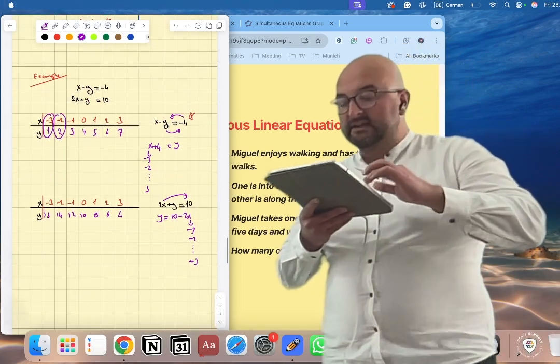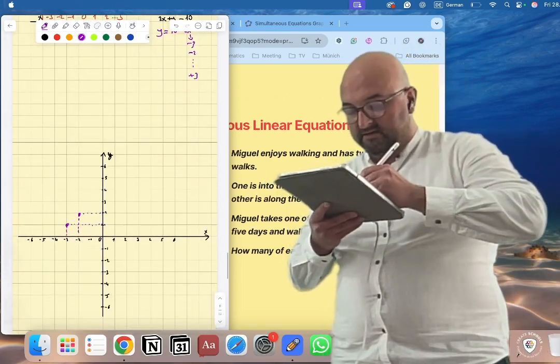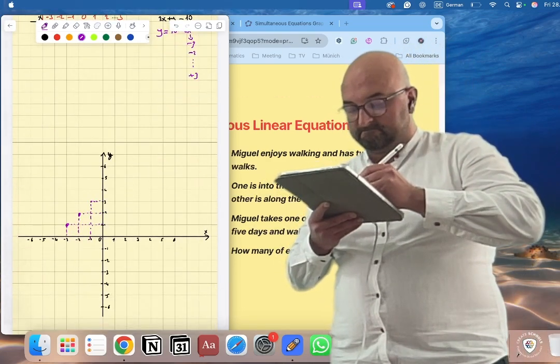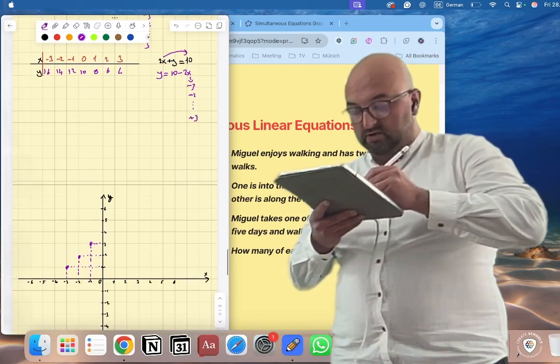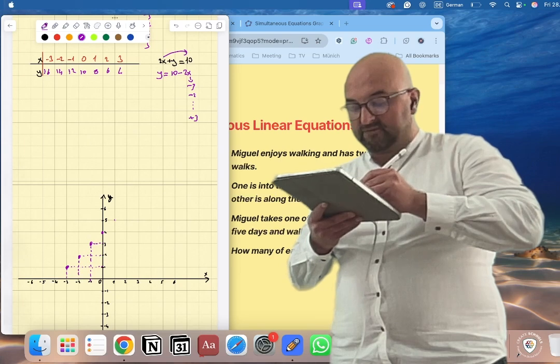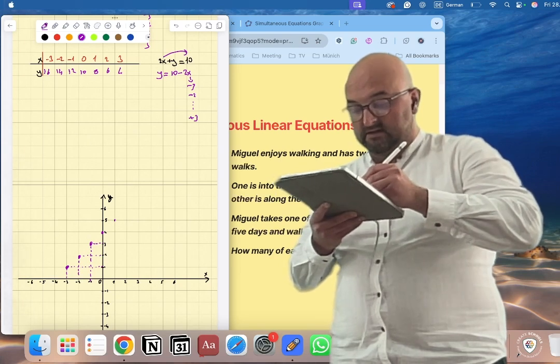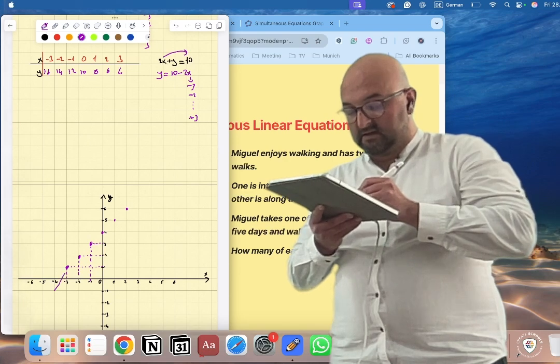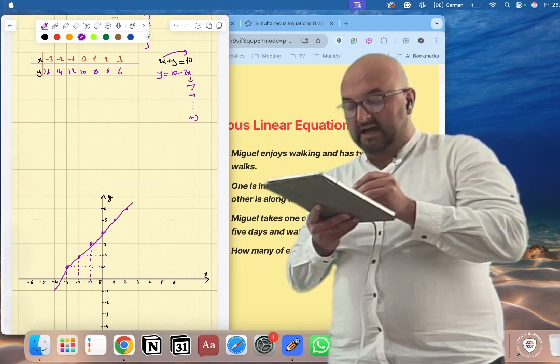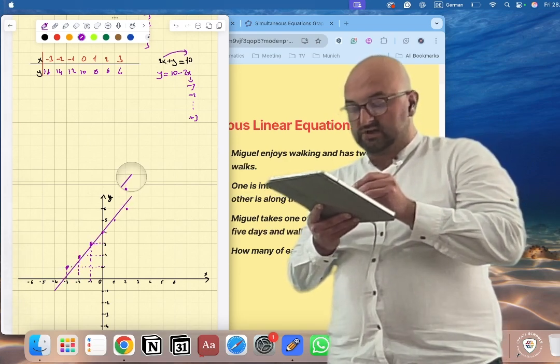The other one is -1 and 3. 0 and 4, 1 and 5, 2 and 6. Here we have the straight line for the first equation.